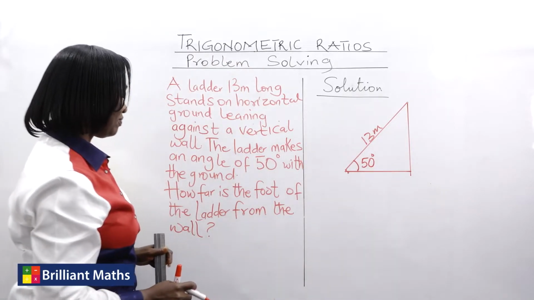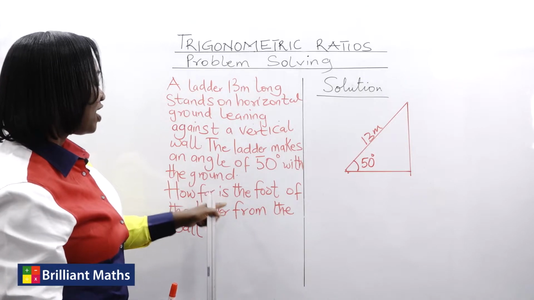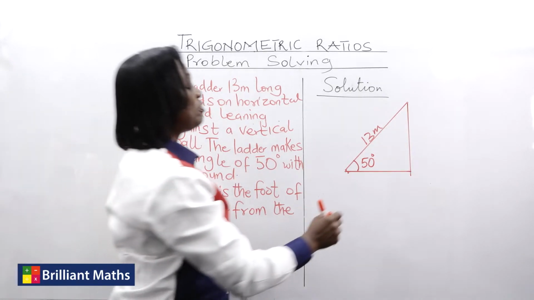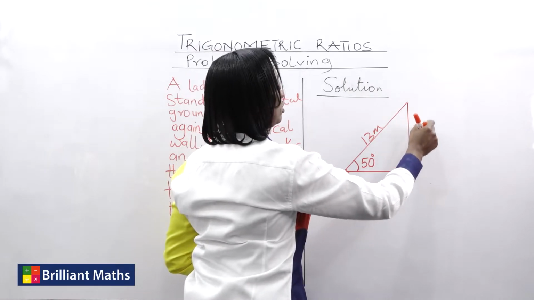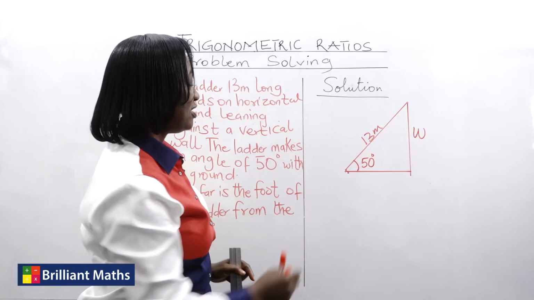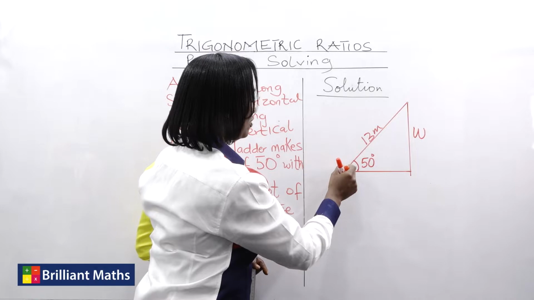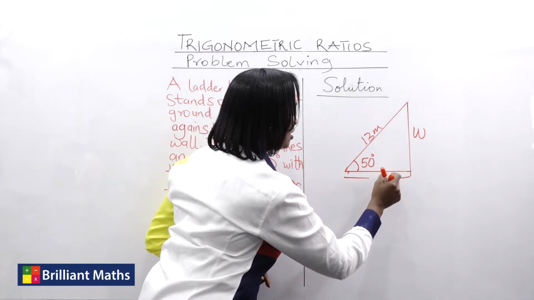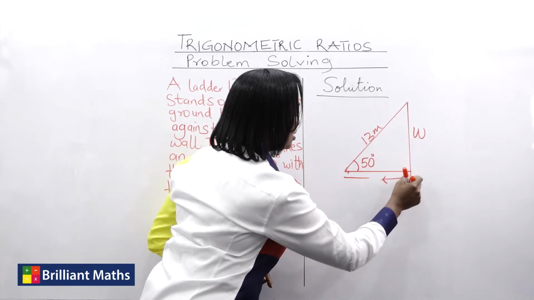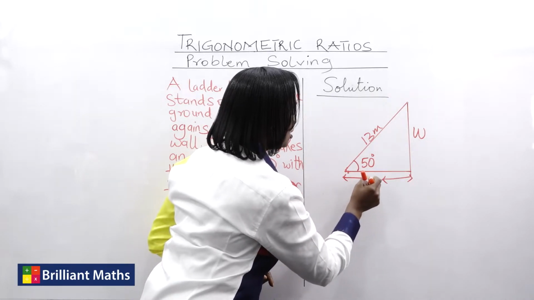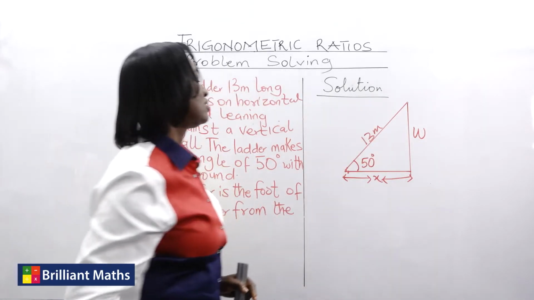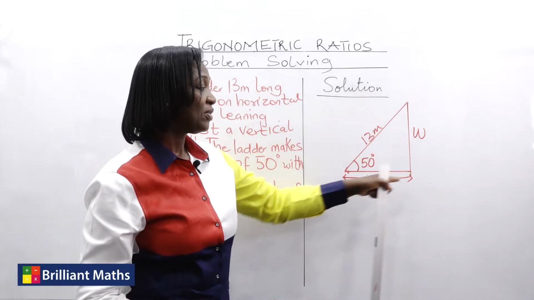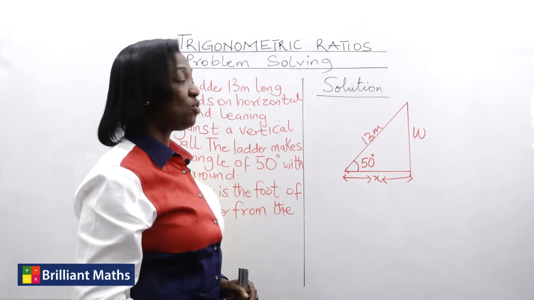All right? How far is the foot of the ladder from the wall? Remember, this is the wall, and this is the foot of the ladder. So we have to find this length, x. We have to find the distance between the foot of the ladder and the vertical wall.